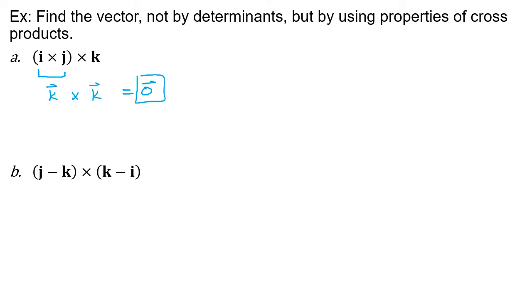This j minus k cross k minus i could be rewritten as j minus k crossed with k plus j minus k crossed with negative i.